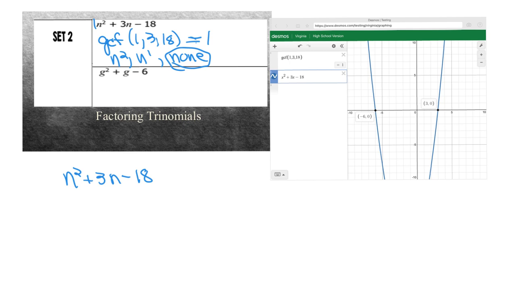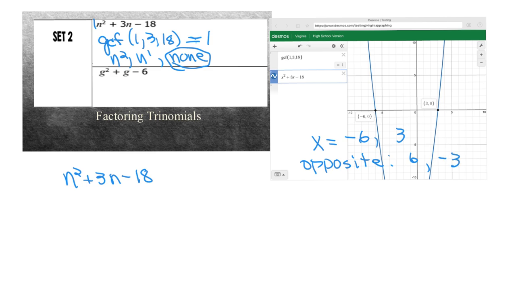Okay, I type in my equation, my trinomial. I have to make sure I type it in using x's, and I find the x-intercepts. I find that x is equal to -6 and positive 3. So I do the opposite of those numbers, and the opposite is going to be positive 6 and -3.